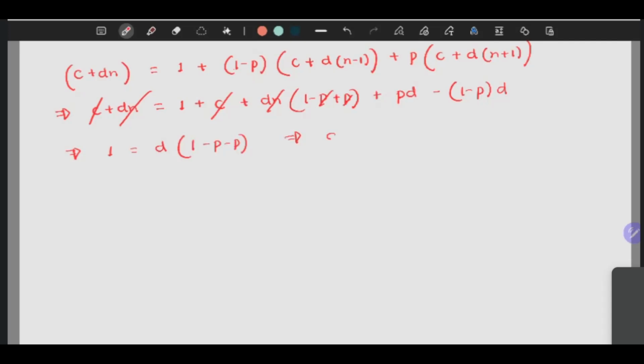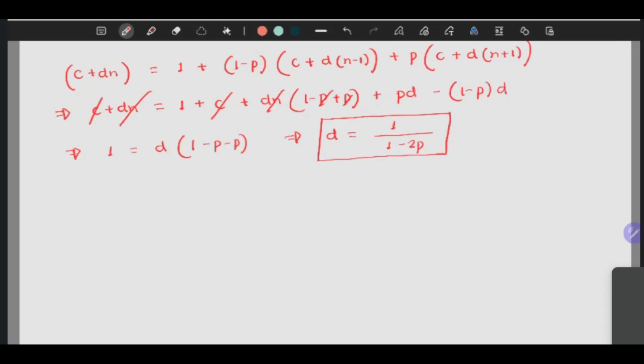That makes d equal to 1 by (1 minus 2p). So basically, if you do these things, you'll get this.